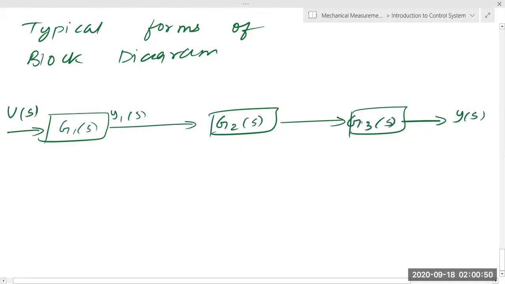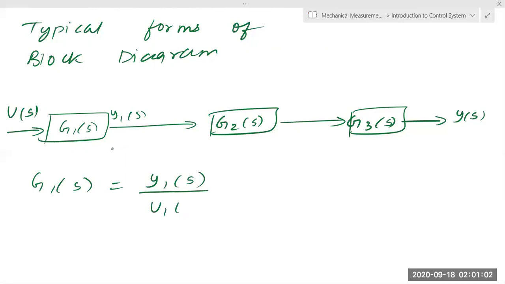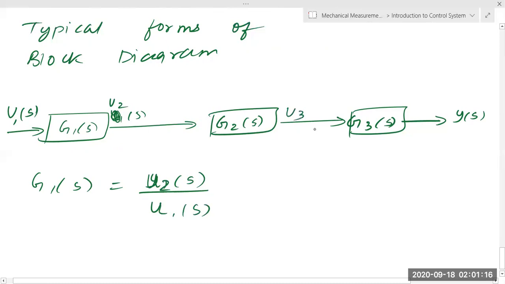This is very important for us. Now if I write G1 of S, G1 of S will be equal to Y1 of S divided by U1 of S. Or you can even write it this way: this is U1 of S, and let this be U2 of S. This will be U2 of S divided by U1 of S, and this U2 will become U3 here, and this U3 will become Y of S. Okay, simple.